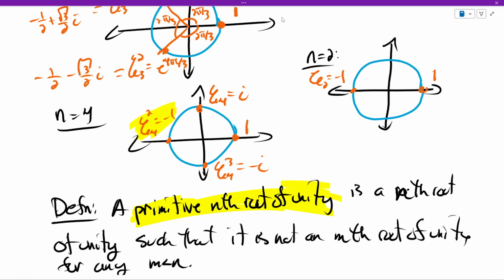So in this example up here, the primitive guys, the primitive fourth roots are here.